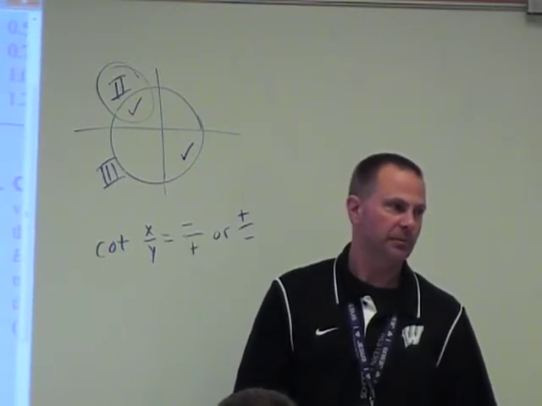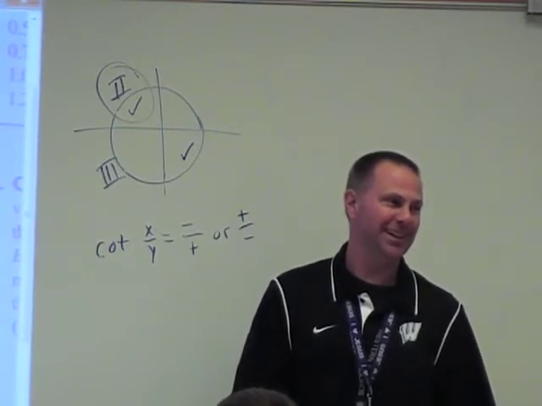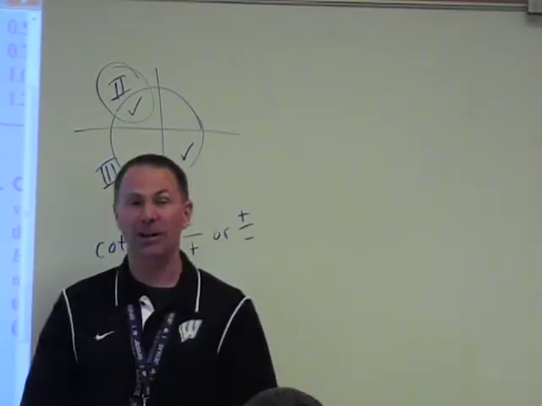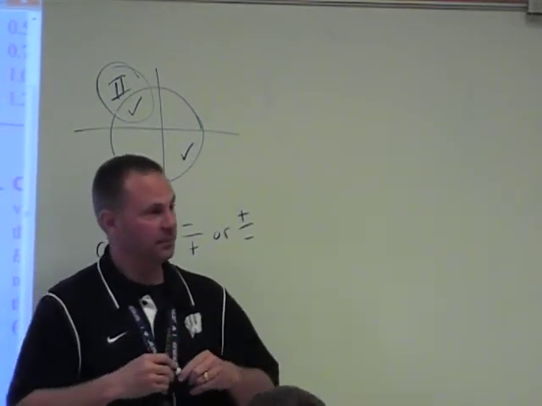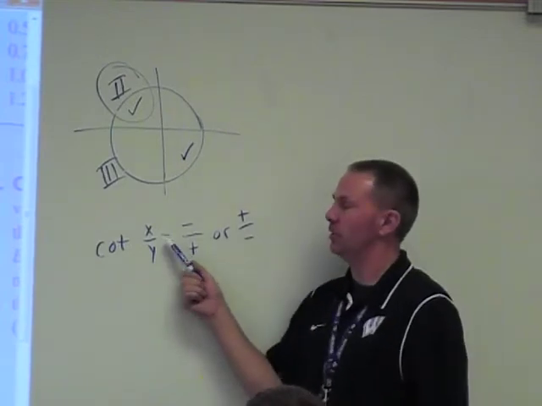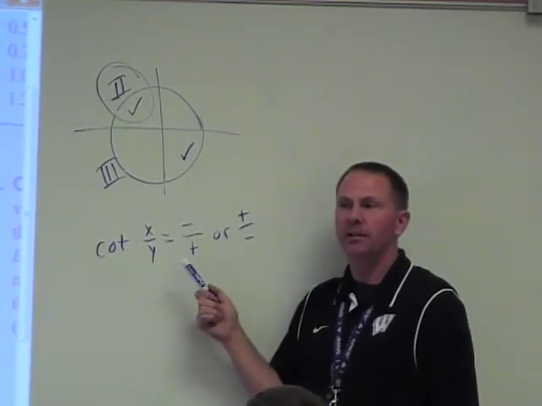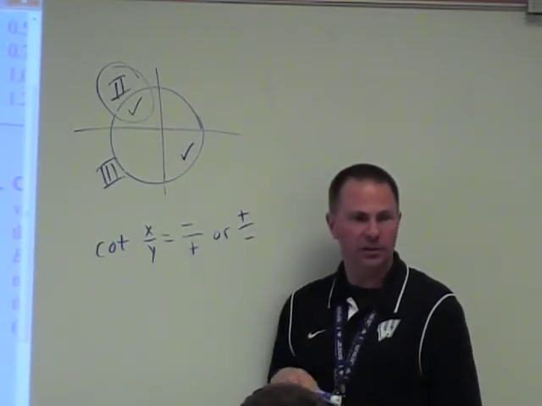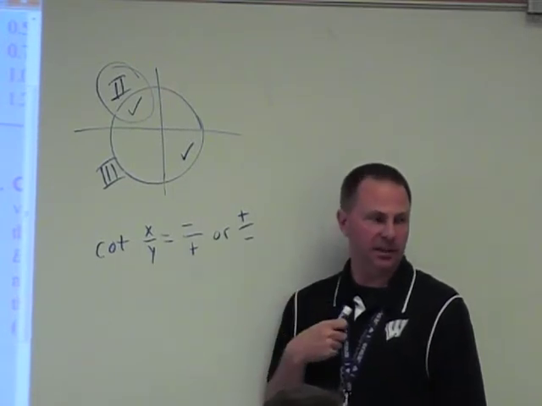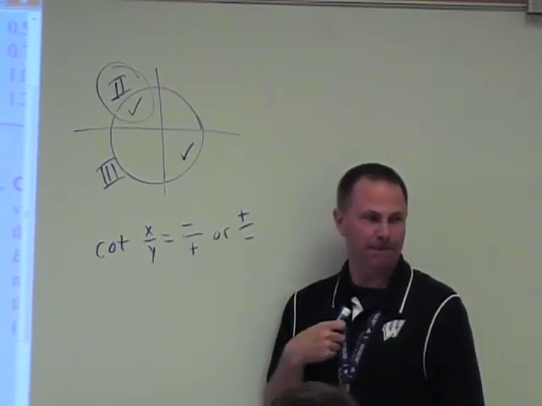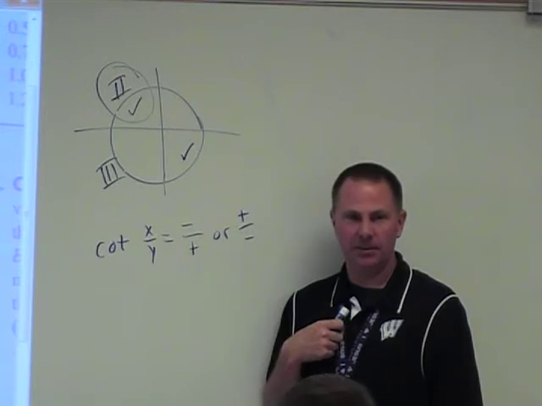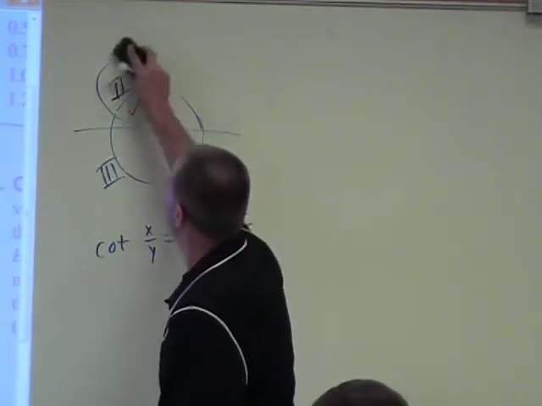Does that help? You'll have to just think through the others. But notice what I'm doing here. I'm just looking at the x's and y's of these trigonometric functions and asking where are they positive and negative. It does take some time to think about it. All right, let's move on.